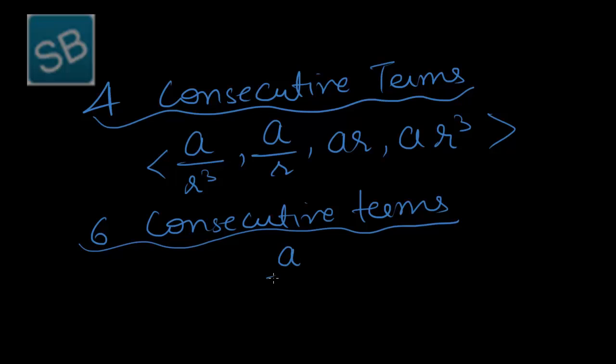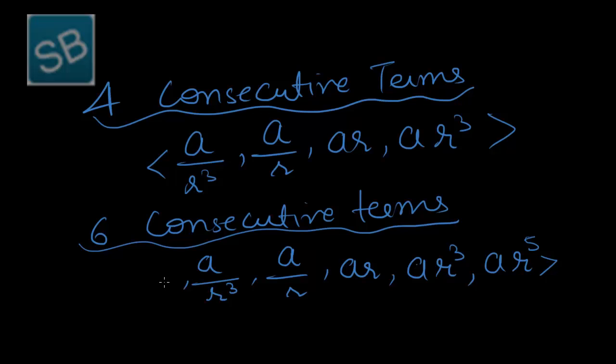And for 6 consecutive terms, the middle terms are a over r, comma a into r. On multiplying by r square, the next term becomes ar cube, and multiplying ar cube by r square, we will get ar5. And dividing a over r by r square, we get a over r cube, and dividing again by r square, a over r5.